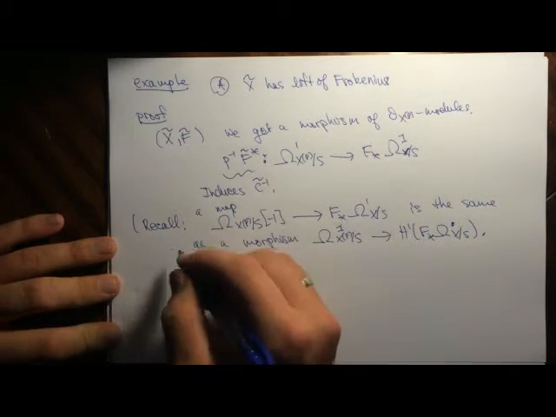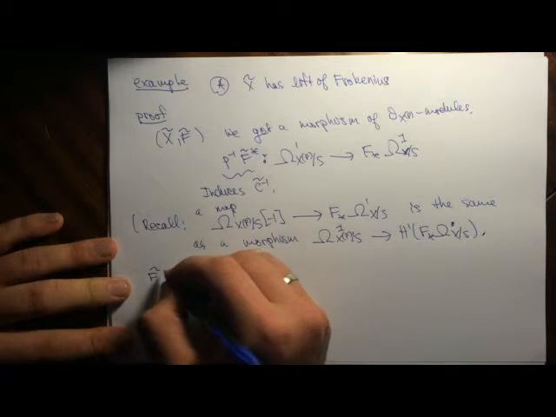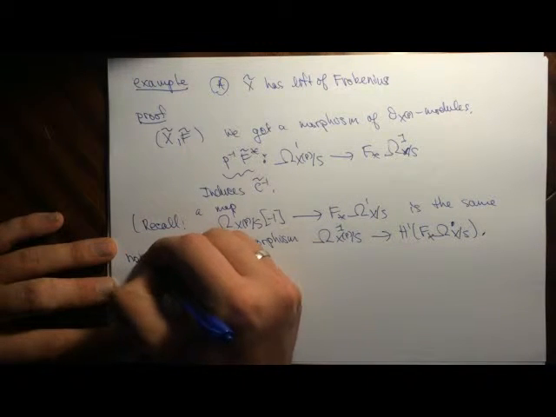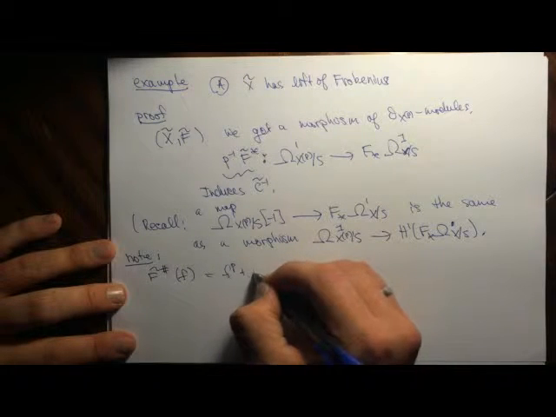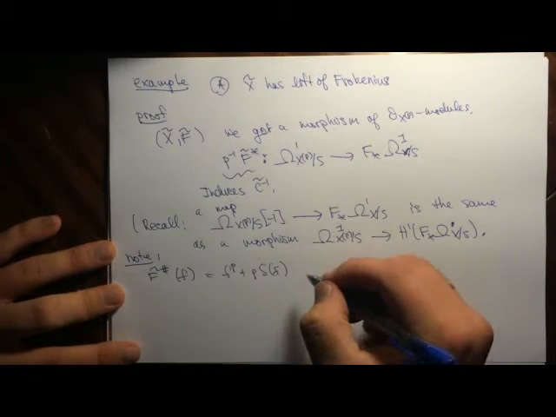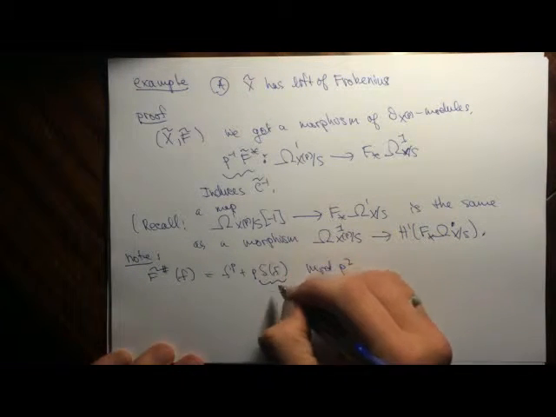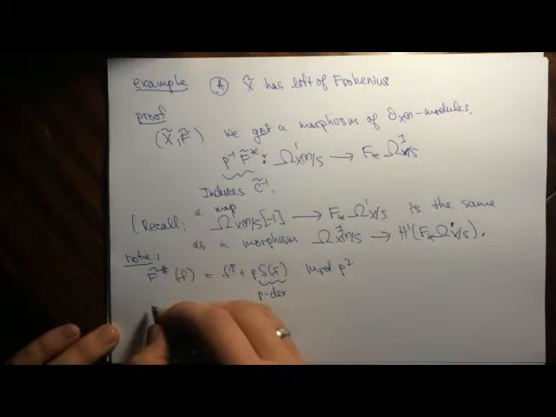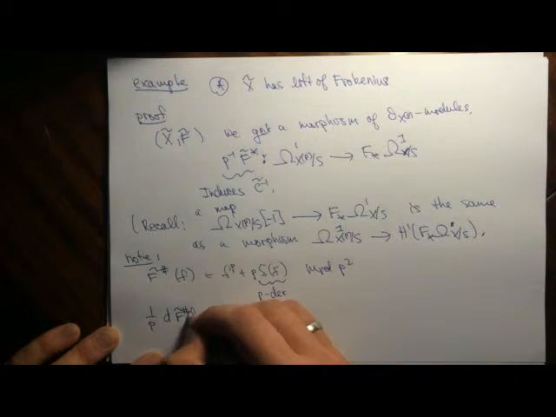So suppose f tilde here. Let's say sharp of some section looks like f to the p plus p delta f, mod p squared. This is a p derivation. And 1 over p, so then d f tilde sharp of f.